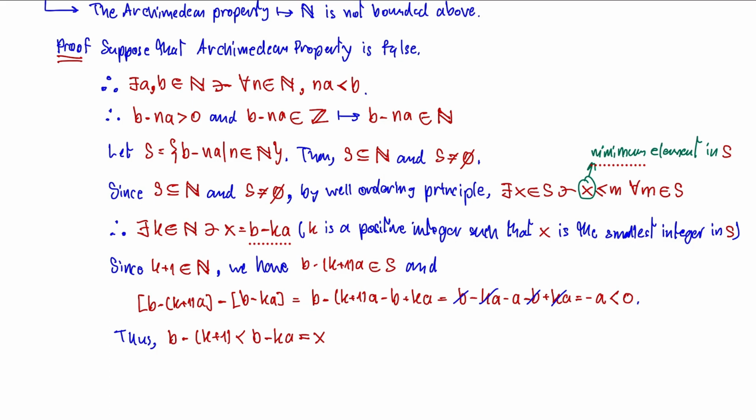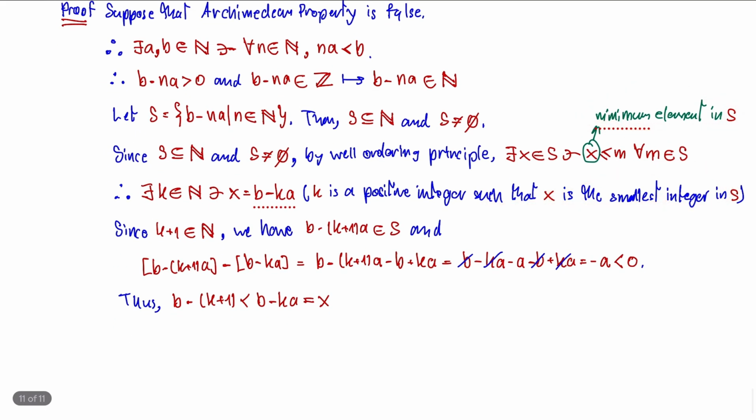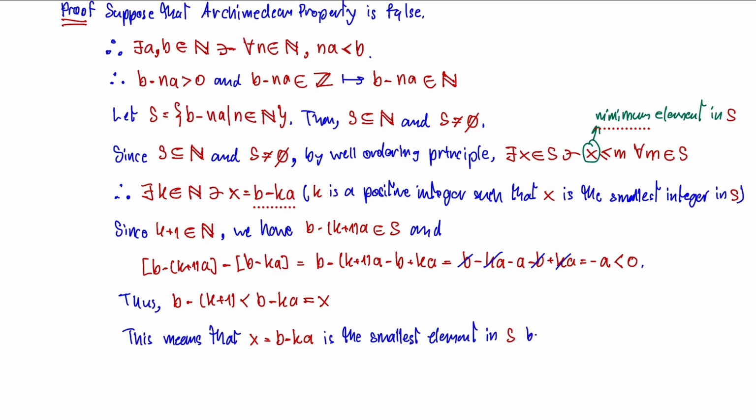So we have another element which is less than x, but x is the smallest element in set S. So this means that x equal to b minus ka, the smallest element in set S, is greater than b minus (k plus 1) times a, which is in set S. This is a contradiction.